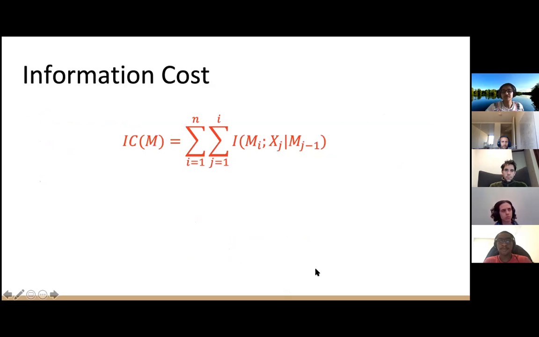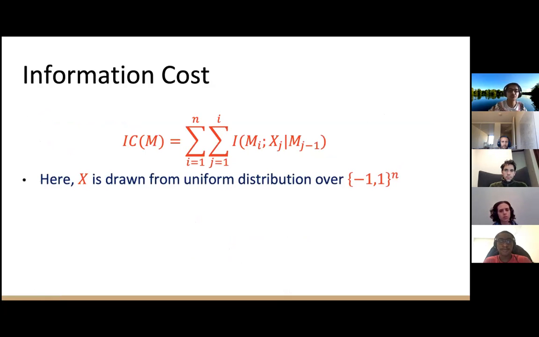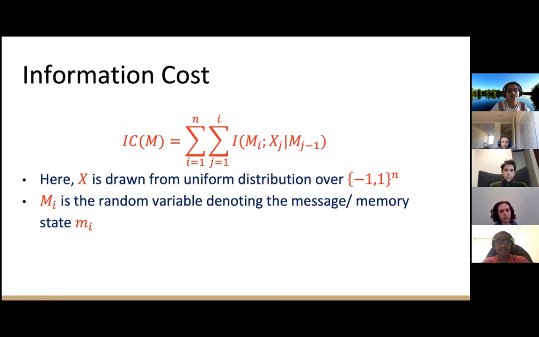To define any mutual information, you need to define the distribution of the random variables over which the mutual information is defined. So here X is drawn from the uniform distribution over {-1, 1}^n, and Mi is the random variable denoting the memory state after reading i input bits, and its distribution is dictated by the uniform distribution on the inputs, and the randomness used by the streaming algorithm M, or the corresponding communication protocol.